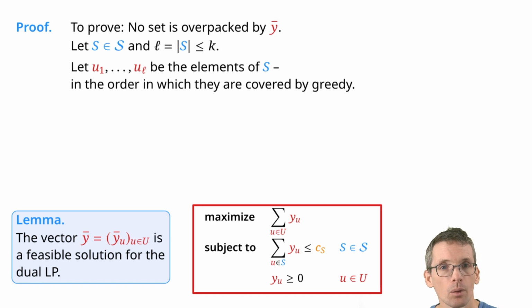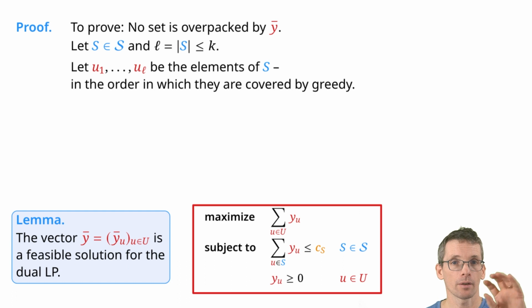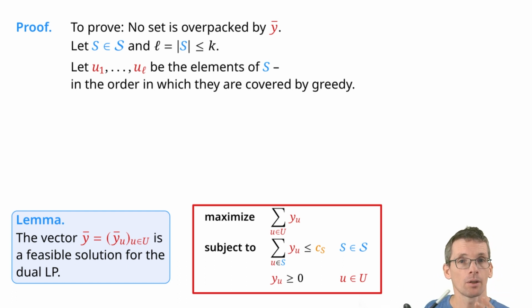If you have seen the proof for the approximation factor of the greedy algorithm not using LPs, you will notice that this is exactly the same proof, but now the dual fitting gives you more explanation as to why we actually set all of this up as we're doing it.